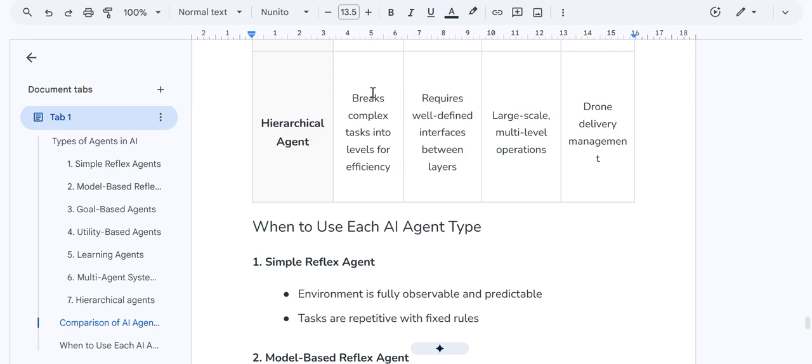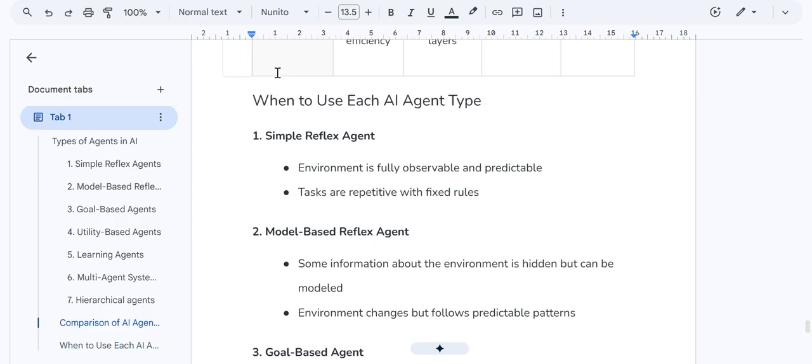Hierarchical agents: the limitation is that they require well-defined interfaces between layers. The strength is breaking complex tasks into levels for efficiency. Best for large-scale, multi-level operations. An example is drone delivery management.